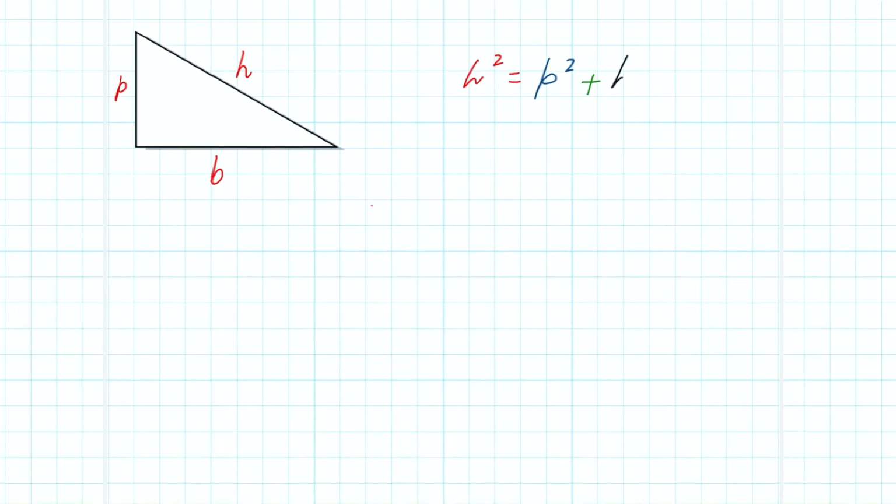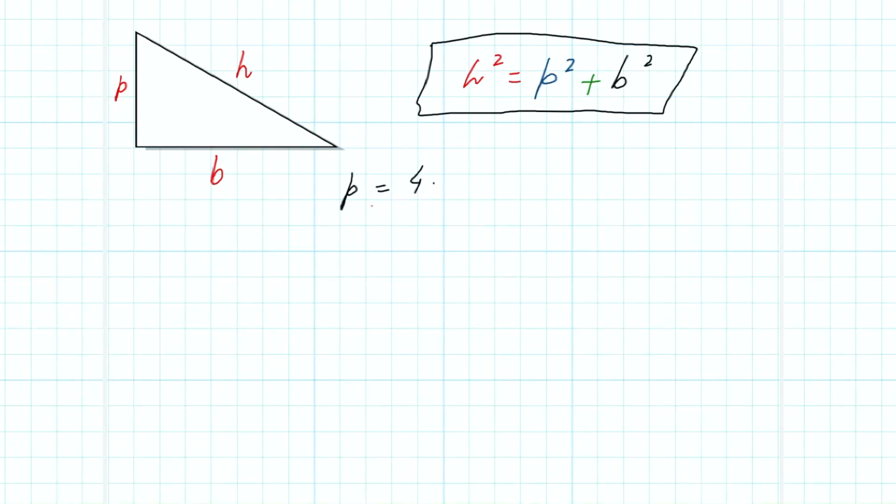square of the base. So suppose you are given that in a right angle triangle the perpendicular is equal to 4 centimeter and base is equal to 3 centimeter, then if I ask you what would be its hypotenuse, from this formula you can easily calculate the measurement of the hypotenuse.